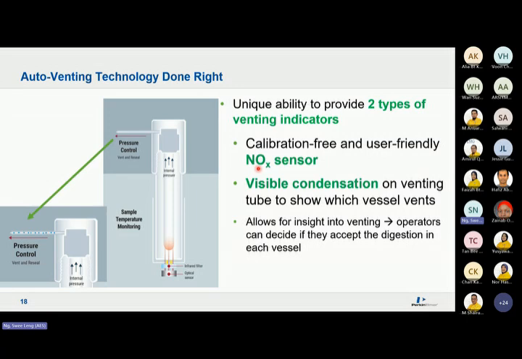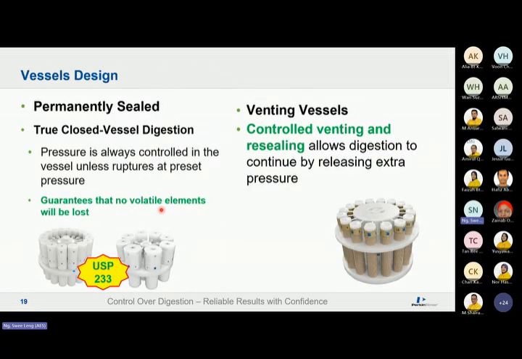If they don't give you any signal of this NOx sensor detecting gas, then you don't need to observe anything. But if you see the sensor has signaled, then you observe each of these 16 Teflon tubes to see which one is already venting out. And then for that sample, you have the choice to reject or to continue. So the choice is in your hand.